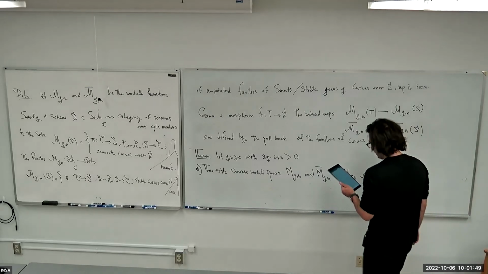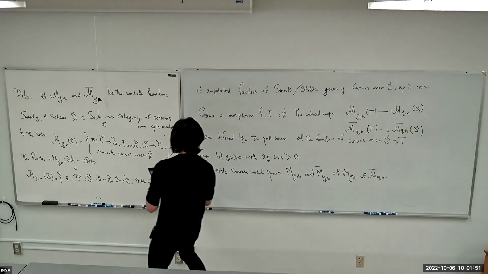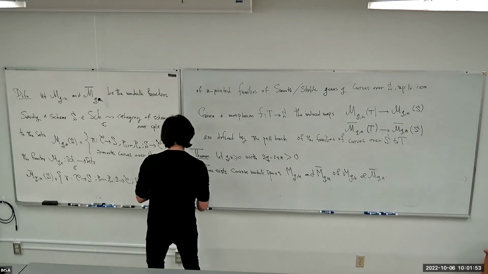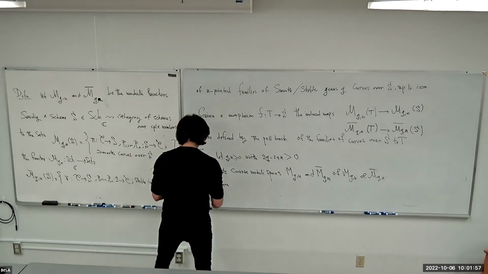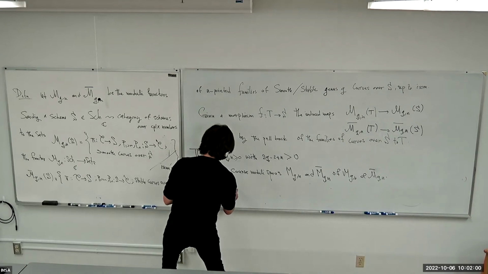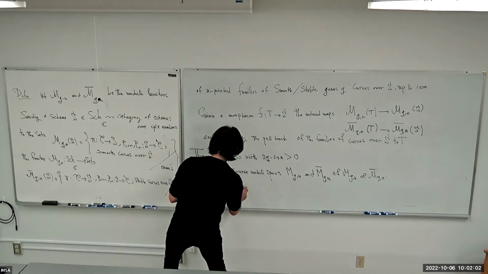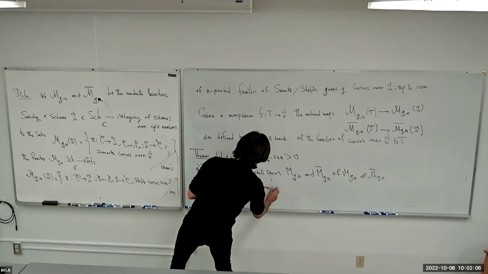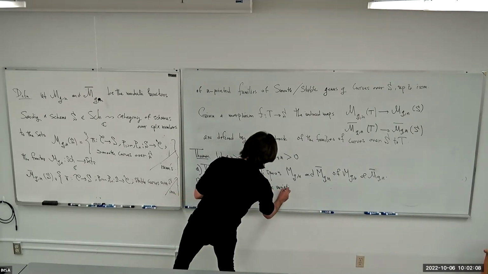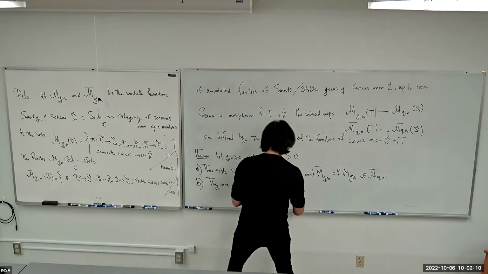Okay. Part B, they are normal algebraic varieties of dimension.